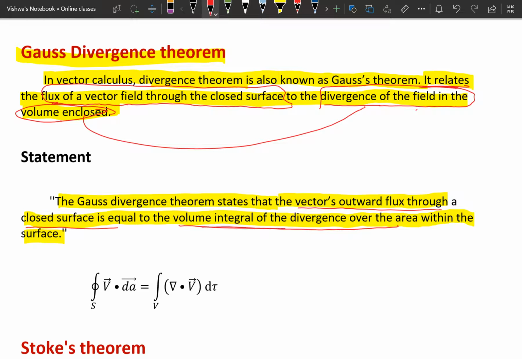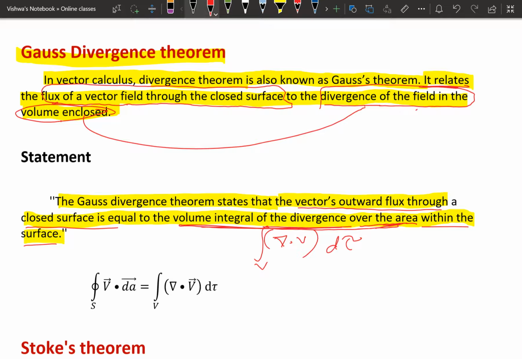The divergence is represented by del dot V. Over the volume within the surface. So here it is a volume integral. For that, write the symbol of the volume integral, then d tau.